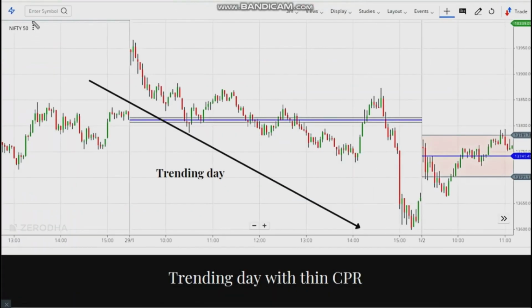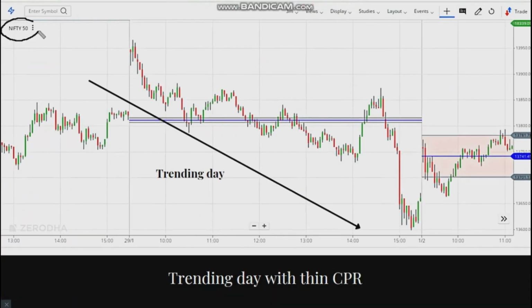So here is a chart explanation for a thin CPR, looking at Nifty 50 indices, 3 minutes time frame, and you can see with a gap up, price action candle started coming in one direction.